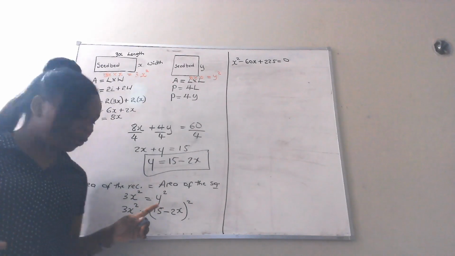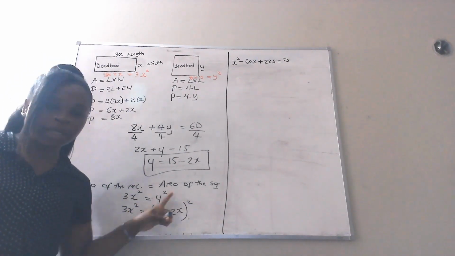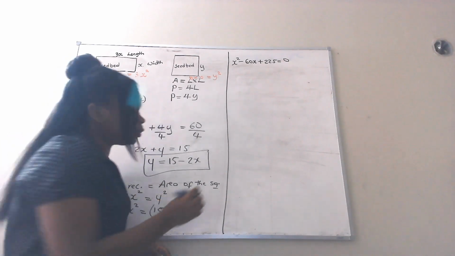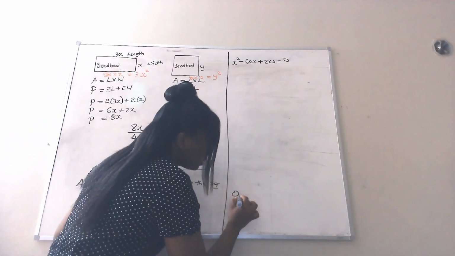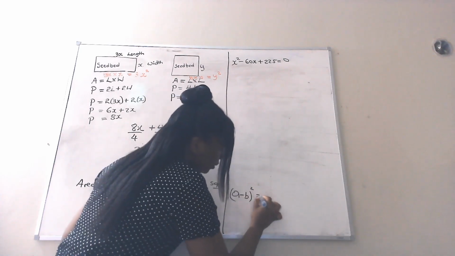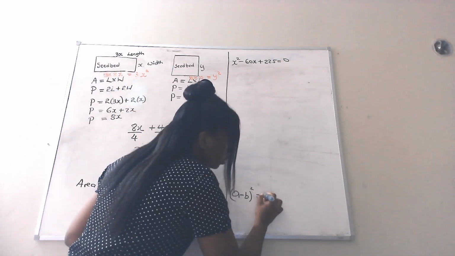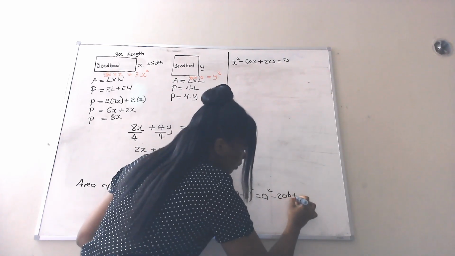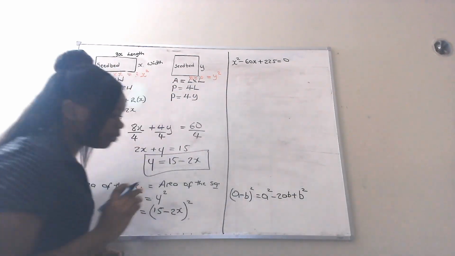So let me show you how you would go about working this out. Now, there's a formula to do this. The formula is (a minus b) all squared, and it is equal to a squared minus 2ab plus b squared. That is the formula.